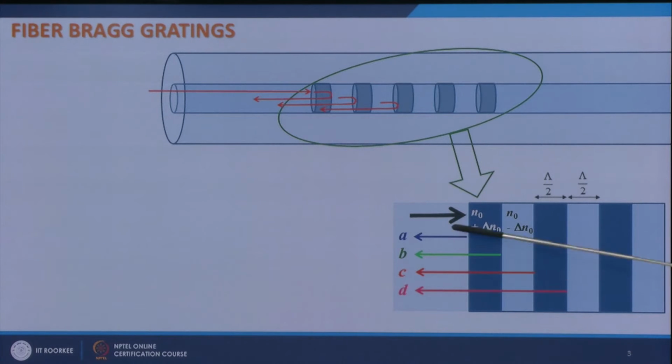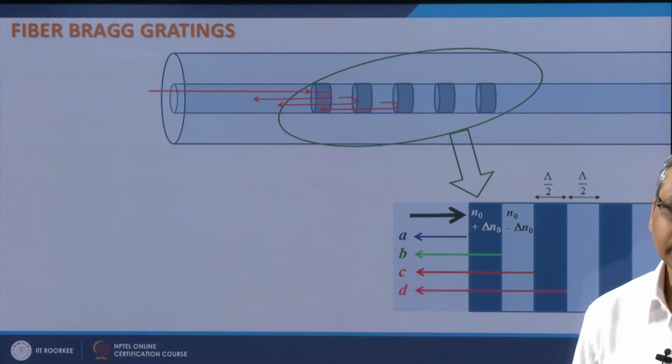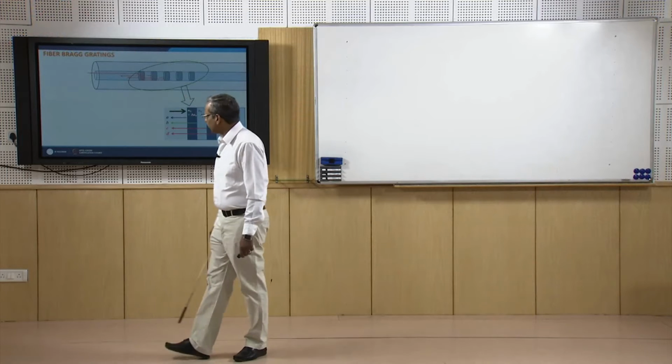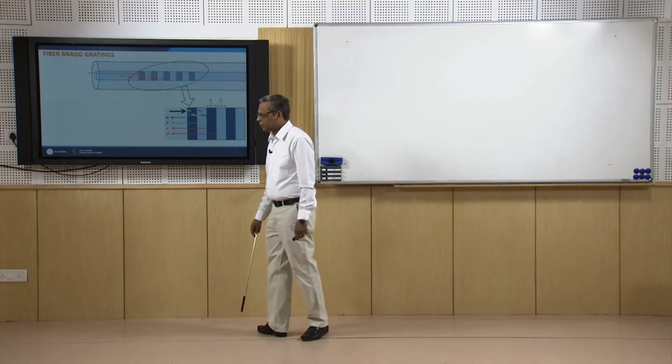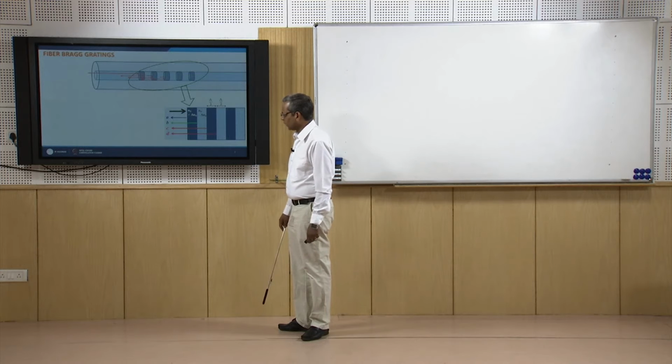If all these three are added up in phase, if they have a phase shift of 2π or an integral multiple of 2π, then we will have strong reflection. Let us find out the condition for this strong reflection and the wavelength at which this will happen.